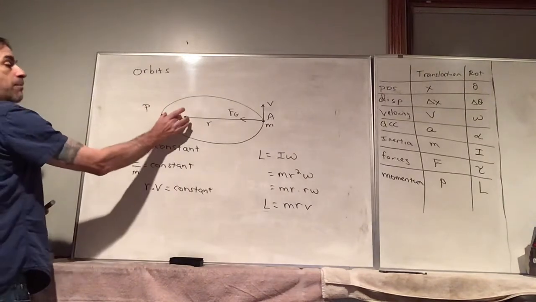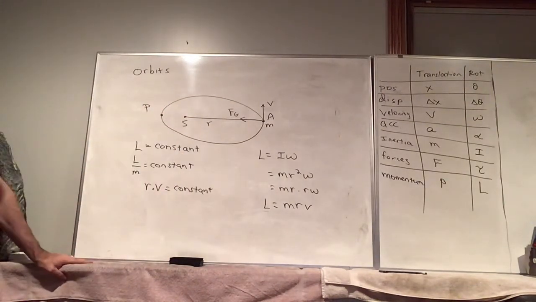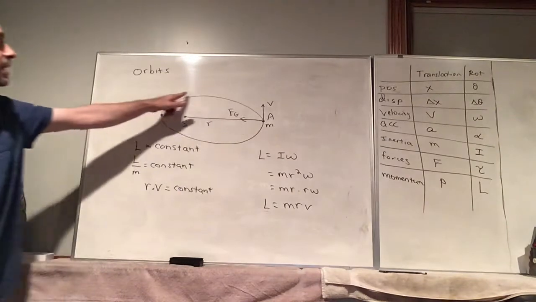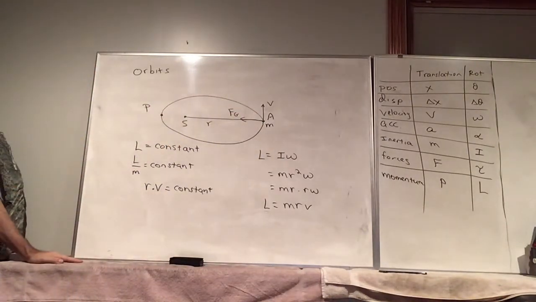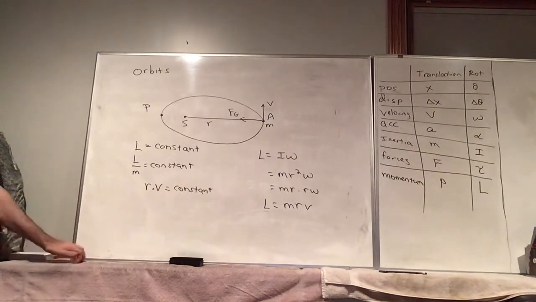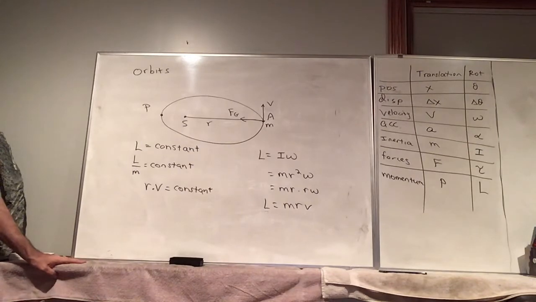And if R is smaller here, it would have to have a larger velocity. And so we can see that the velocity of this object is constantly changing as it's moving around its orbit. This product of the radius times the velocity is constant. And so as the radius is changing, the velocity is as well.